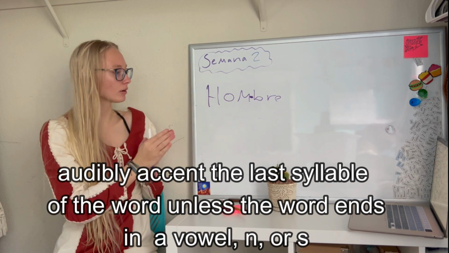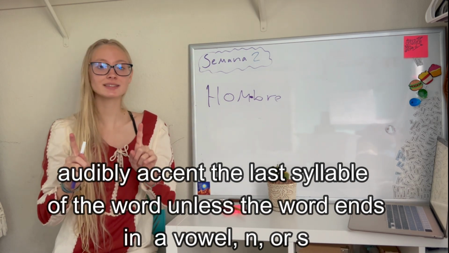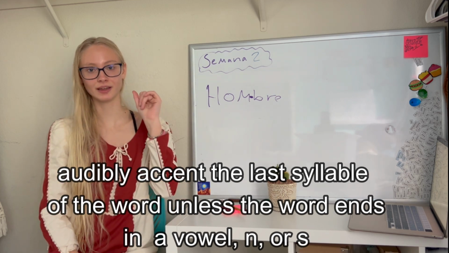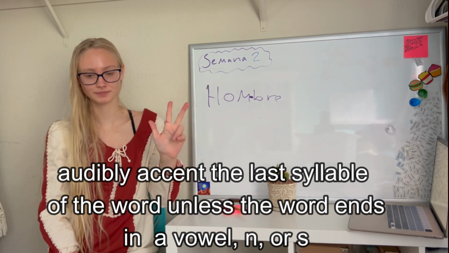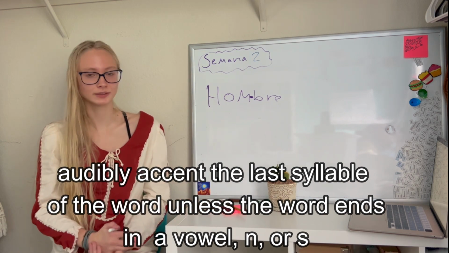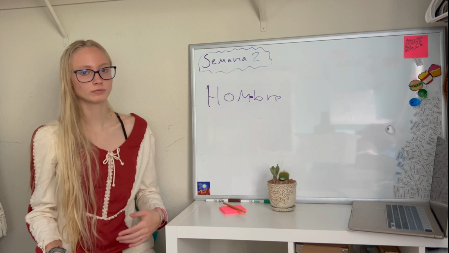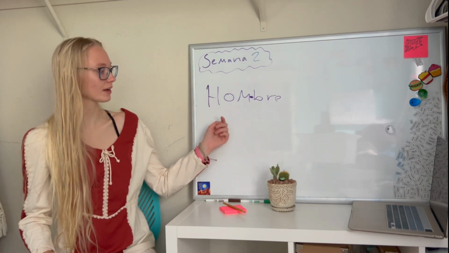You're going to audibly accent the last syllable unless the last letter of the word ends in a vowel, N, or S. Okay, that seems confusing now, but you're going to get it. Audibly accenting is like what we did earlier. So with hombre, let me show you what it sounds like.